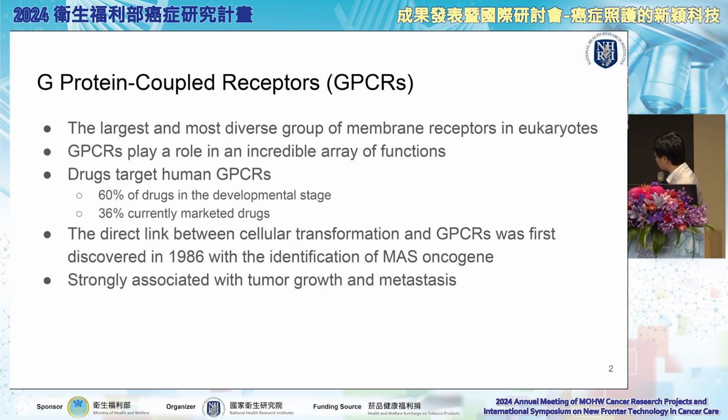The first link between cancer and GPCRs was discovered in 1986. After that, a strong association with tumor growth and metastasis has been found in many studies.